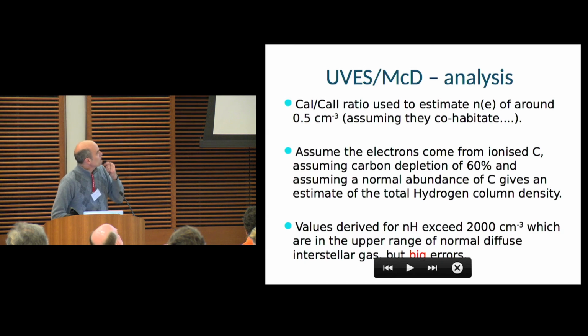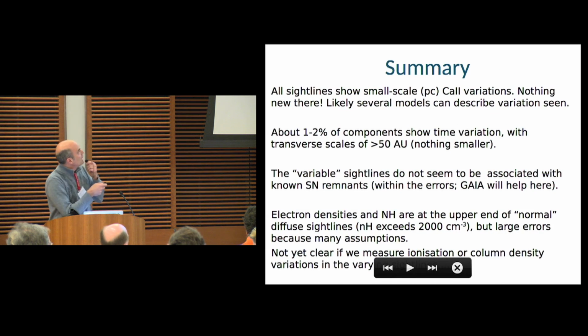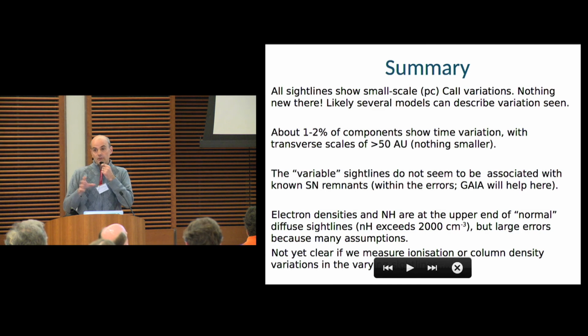Right, so the summary is that about 1 or 2% of the components show this time variability. What we did find is that in our sample, half the sample had movements of 50 AU or less, and we found no time variability in those.